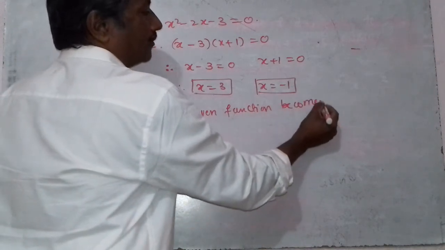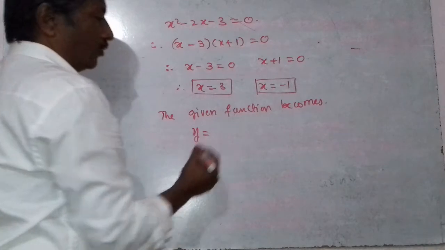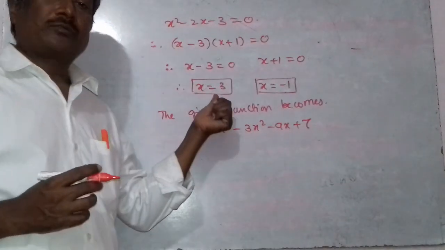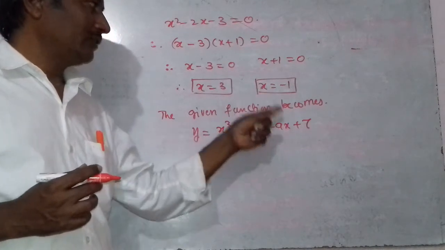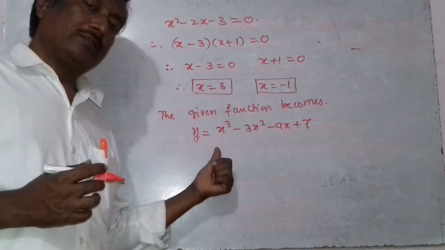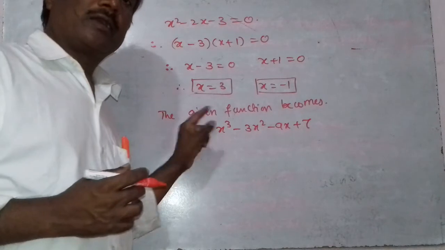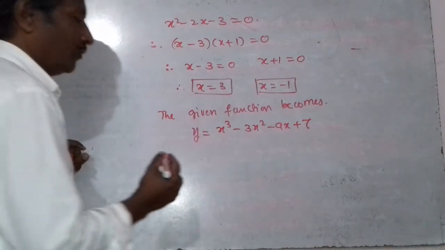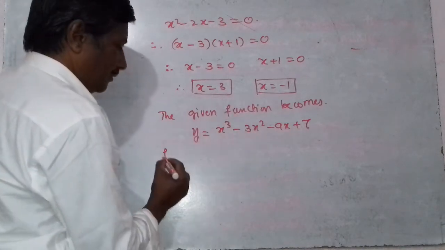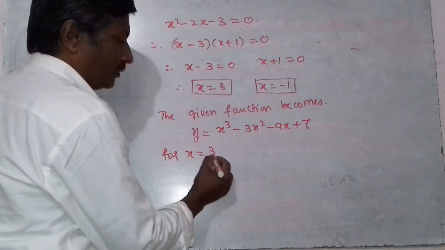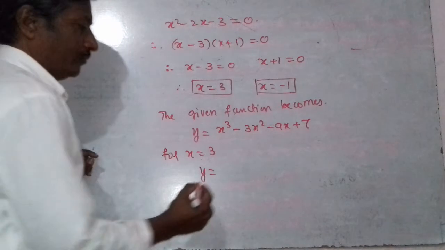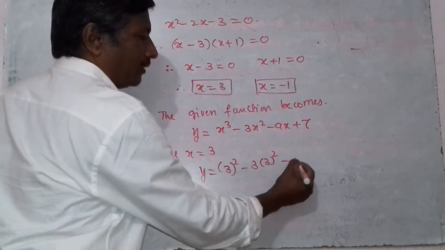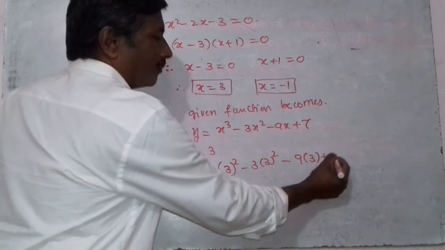So the given function becomes y equal to x cube minus 3x square minus 9x plus 7. Substitute x equal to 3 and x equal to minus 1 to get the corresponding value of y. For x equal to 3, y equals 3 cube minus 3 into 3 square minus 9 into 3 plus 7.